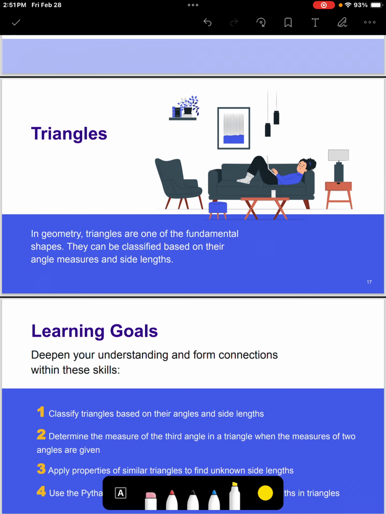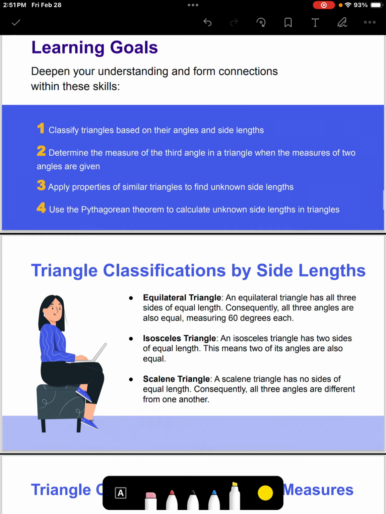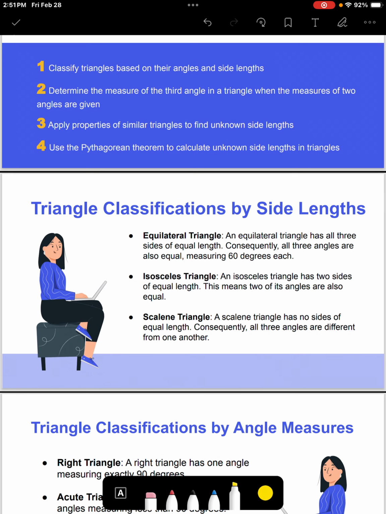In geometry, triangles are one of the fundamental shapes. They can be classified based on their angle measure and side length. Okay, equilateral triangles. An equilateral triangle has all 3 sides of equal length. Consequently, all three angles are also the same. So if I have an equilateral triangle, we would mark it like this.